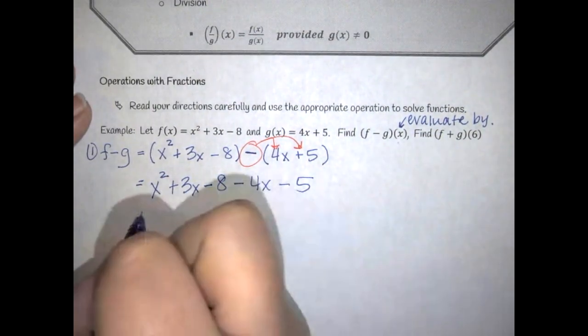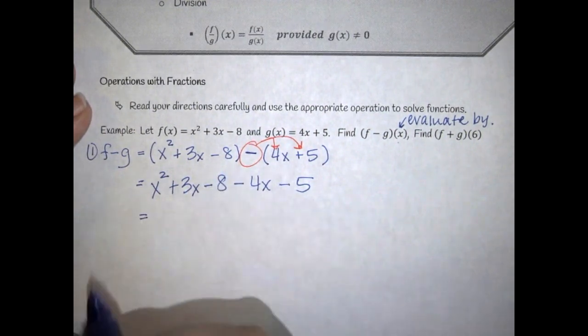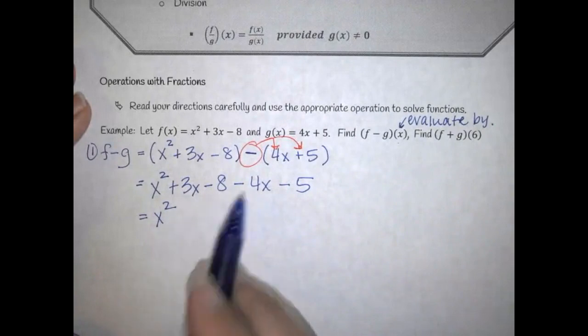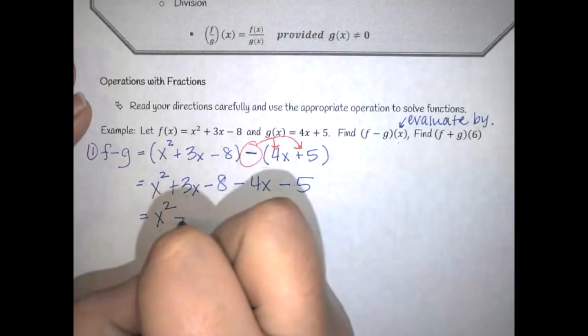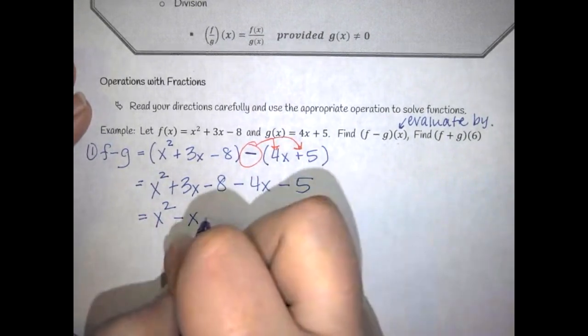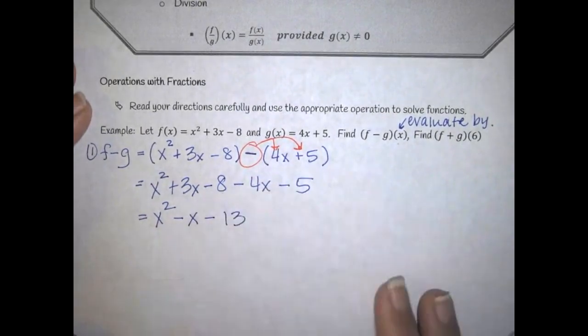I need to combine my terms to get my final result. So this becomes x squared. 3x minus 4x is a negative x. Negative 8 minus 5 is a negative 13.